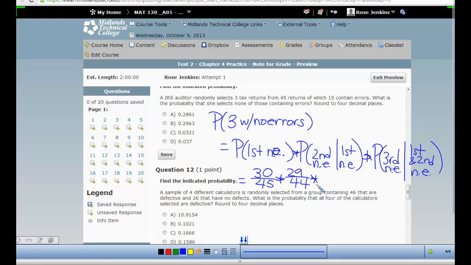Times the probability that the third is no error. It's a good one. 28 over 43. On your calculator, you can just multiply the numerators and divide that by the product of the denominators.